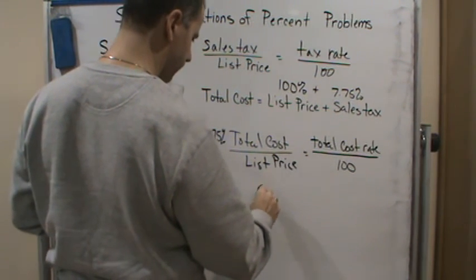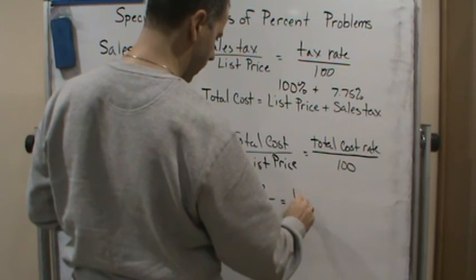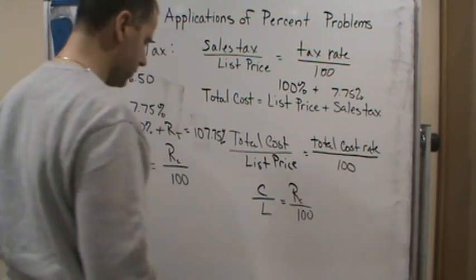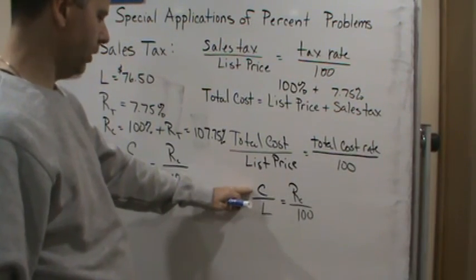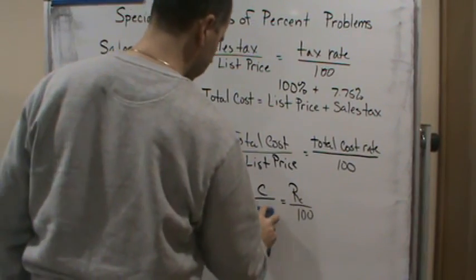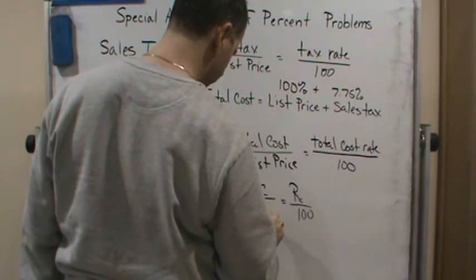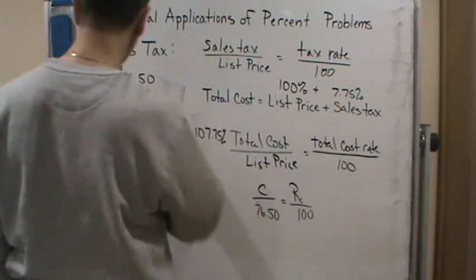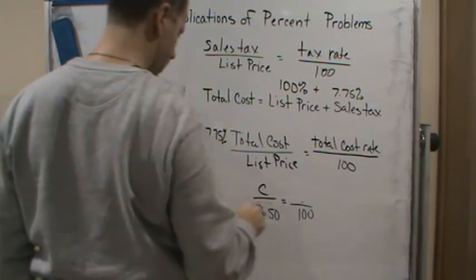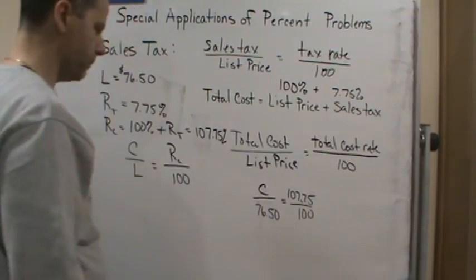And so now, watch what happens. Total cost over list is equal to R sub C over 100. And so now, this is what we're looking for. The list price is $76.50, and R sub C is 107.75.